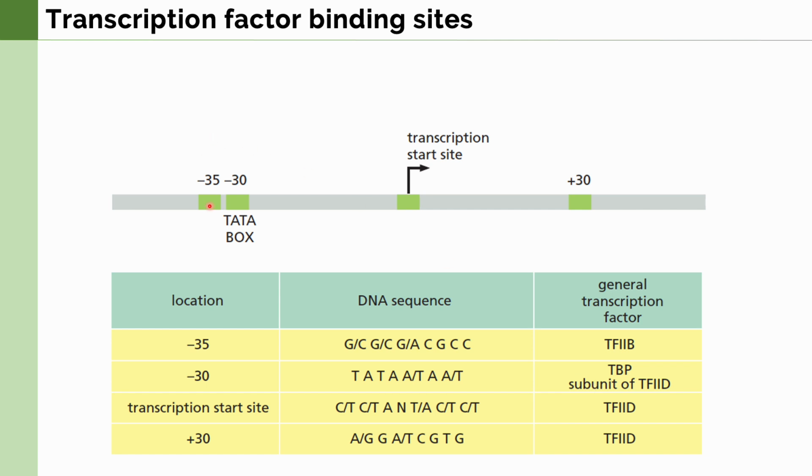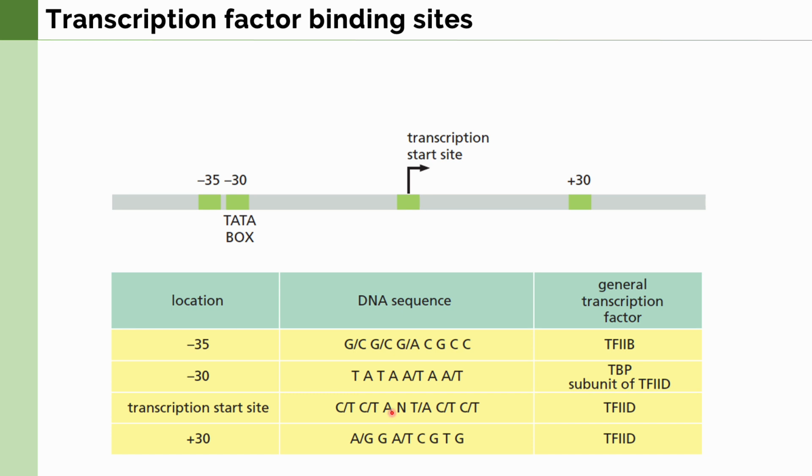One, which we call the Tata box, approximately 30 base pairs upstream of the start site. Then we have the actual start site and a region downstream of the start site. Next, we can also see that TF2B has a transcription factor binding site upstream of the Tata box, approximately 35 base pairs before the transcription start site.